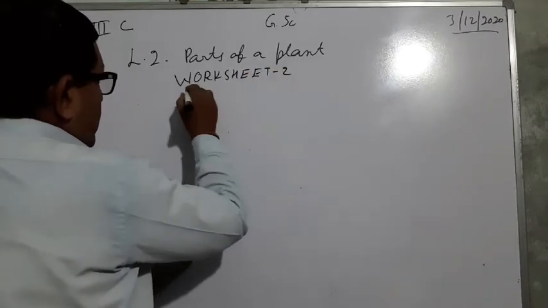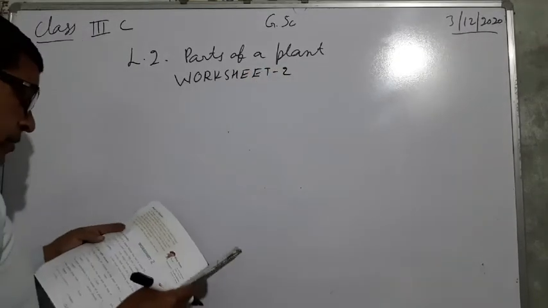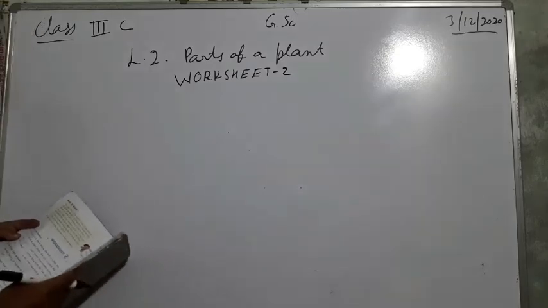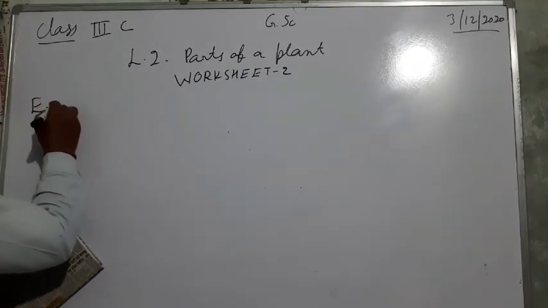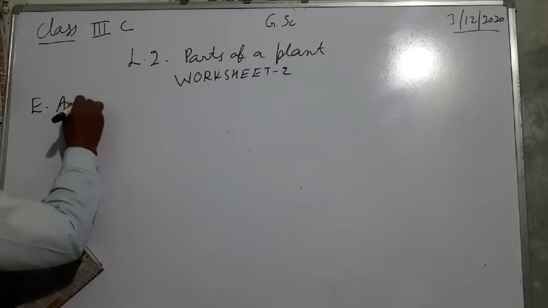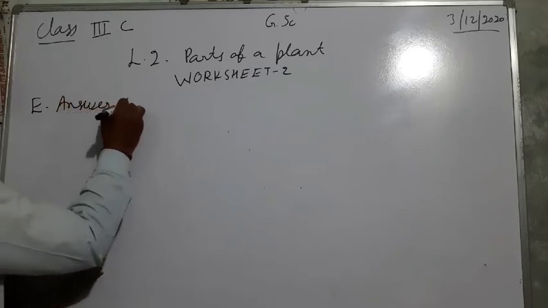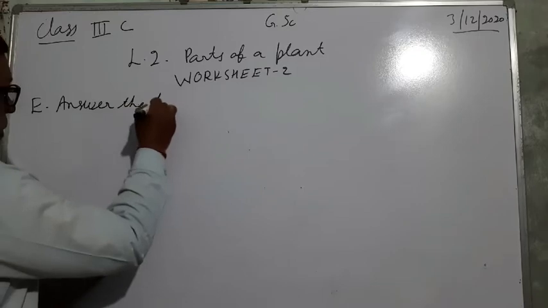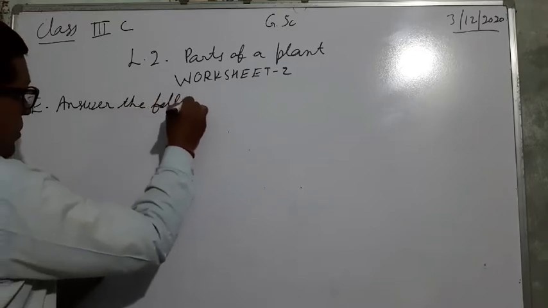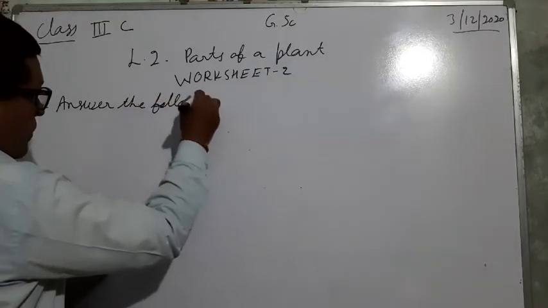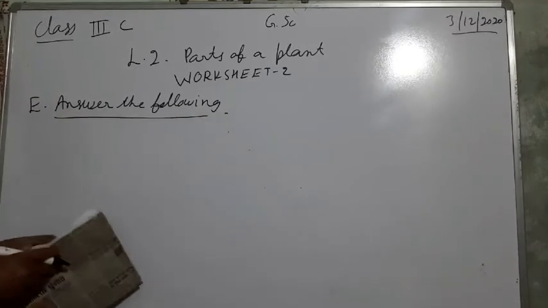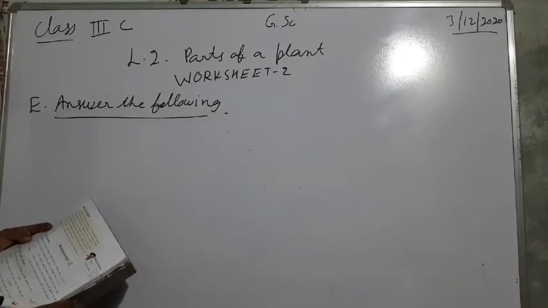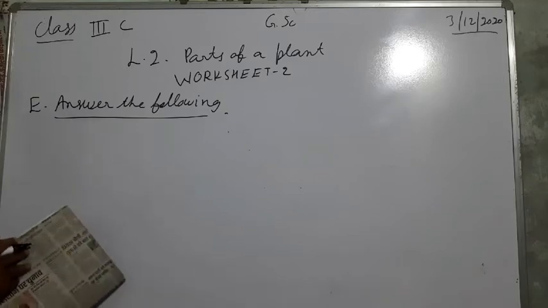In worksheet 2 we are writing the E. Answer the following. And in the answer the following, we are seeing question number 5.